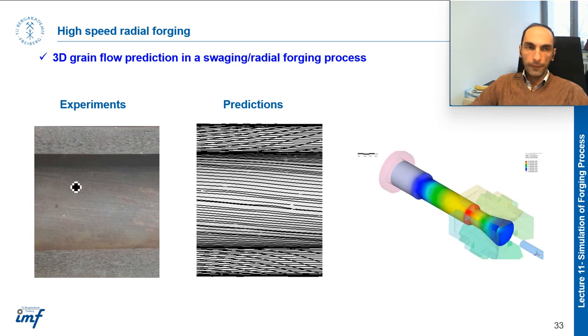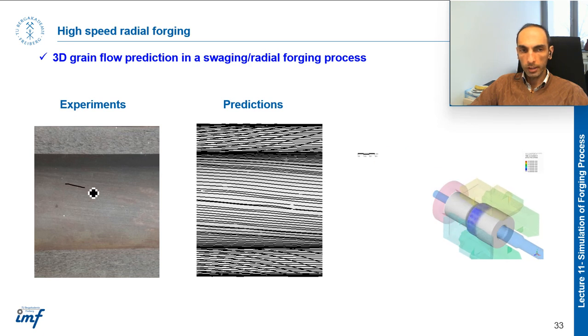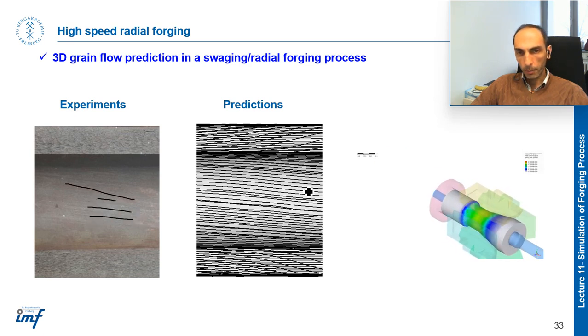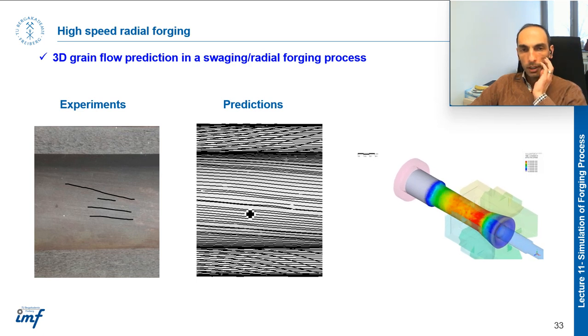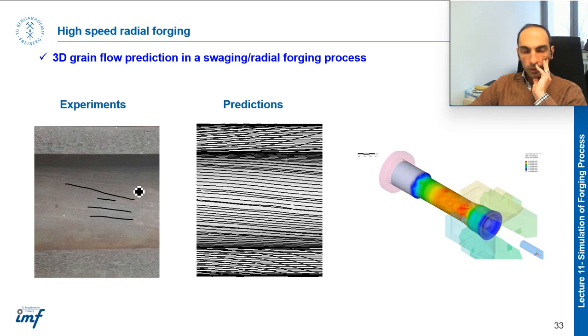And this figure compares the experiment and prediction, and you can see the metal flow line here. If you look into the figure and compare, you can conclude that the prediction in terms of metal flow line is almost similar to the experiment.